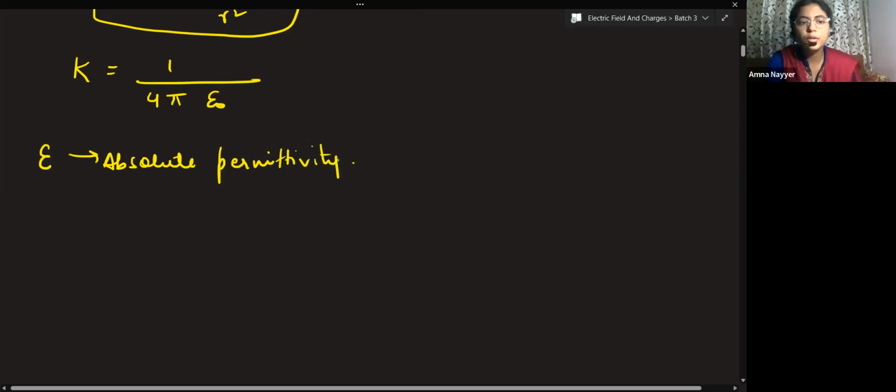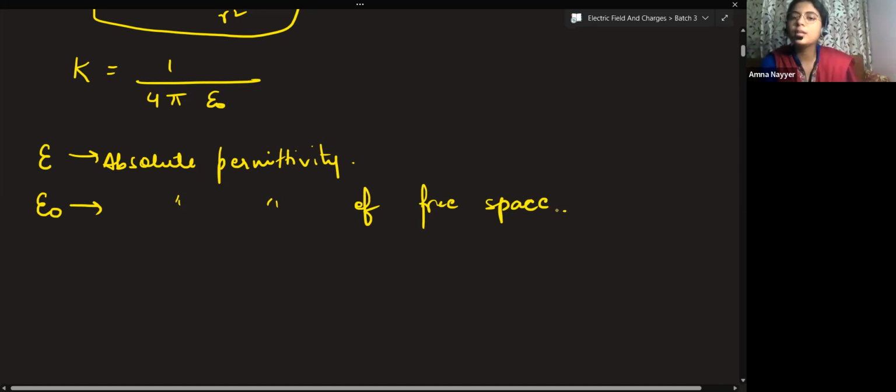Epsilon naught means the absolute permittivity of free space.